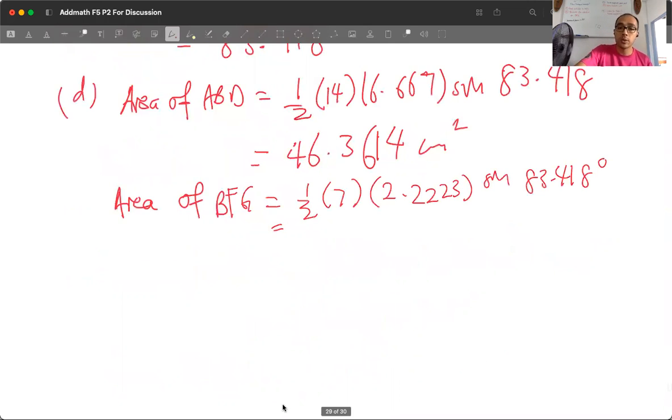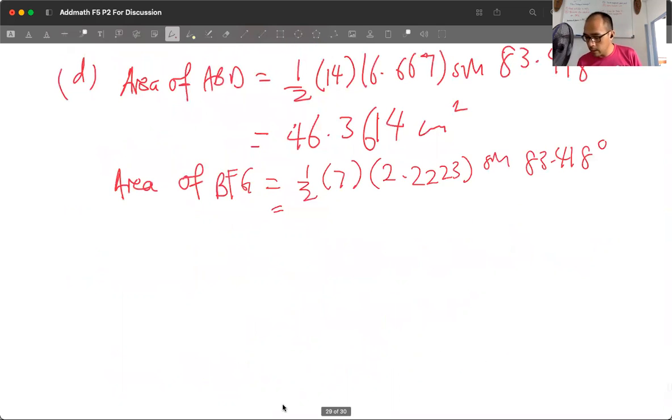This will give us about 7.726 cm squared.